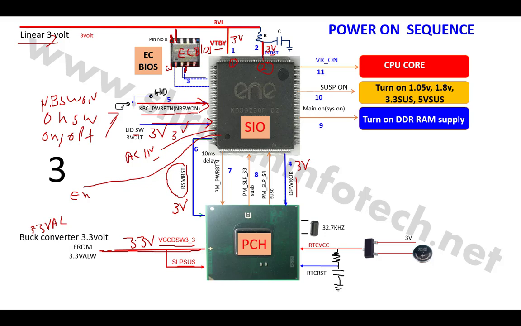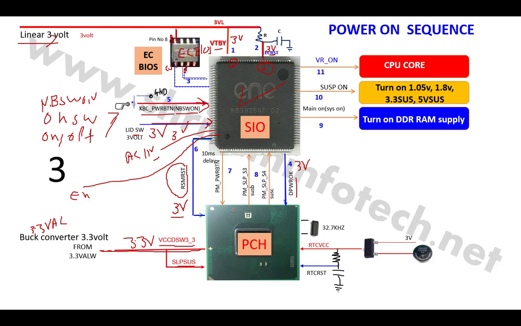After the power button press, the RSMRST signal becomes a 3 volt, and if this 3 volt is coming from that SIO, that means our SIO is probably working. There is no issue on the SIO. SIO is okay. Now turn to PCH.